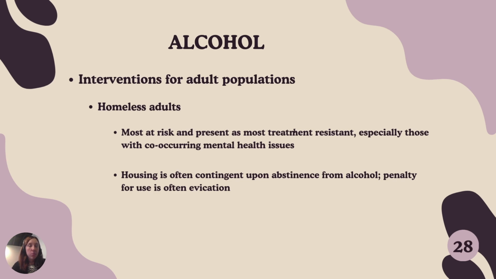A big policy context with this is housing, right? Housing is often contingent upon abstinence from alcohol. And the penalty for use, if you're in a supported housing program, of which we don't have enough to begin with, but if you are in one, is often eviction.